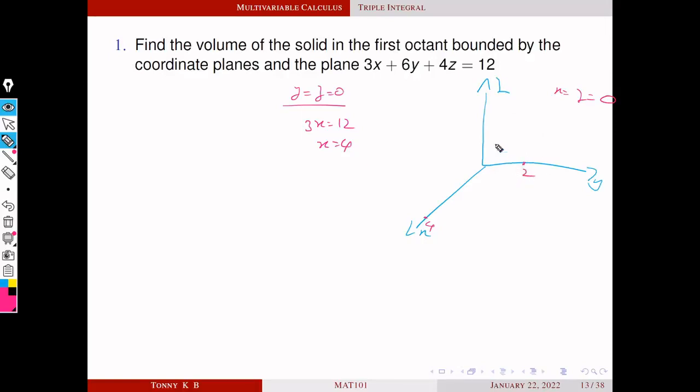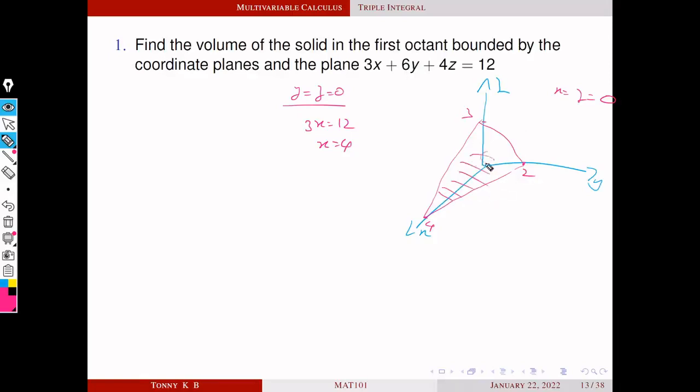Similarly, you can find the meeting point with the z-axis by substituting x and y equal to 0. So if x equal to 0, y equal to 0, this becomes 4z equal to 12, so z is equal to 3. Now the shape of the plane is almost clear, a slanted plane passing through these 3 points, and bounded by the 3 coordinate planes.